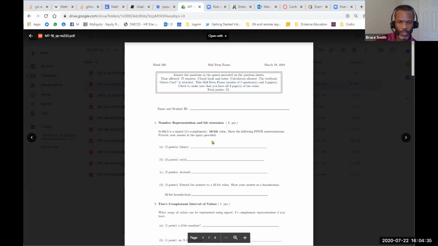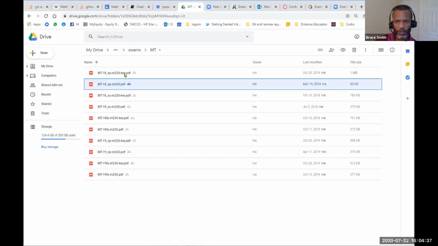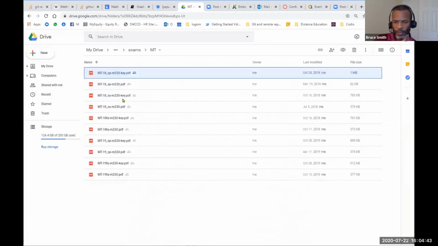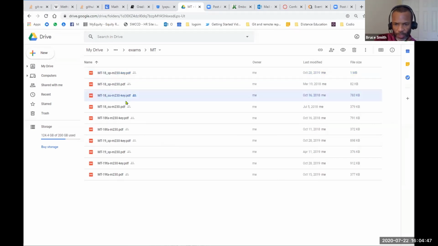So you'll see something blank, and then the version that has a key, which is great for allowing you to practice several different types of problems. You'll see it for 18 summer, 18 fall, 19 spring, and 19 fall.